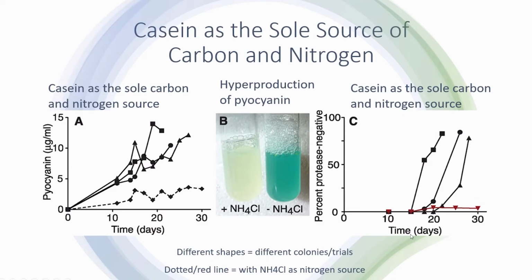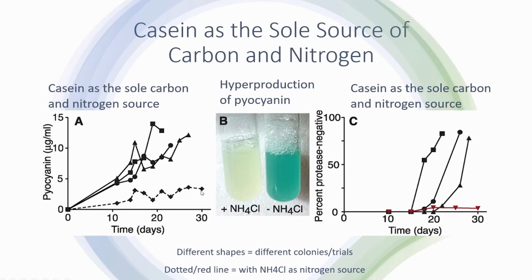Similar to C, when we look at these black lines, we see a lot of cheater growth, even close to getting to 100%. So like I said, that 80% that we talked about before, we see this huge growth in social cheaters.